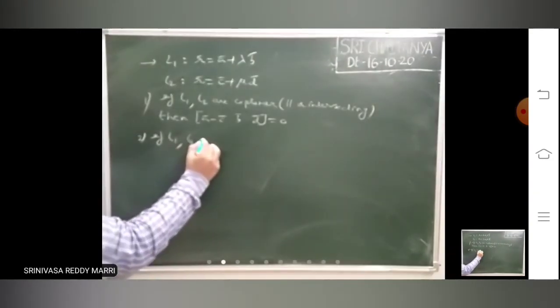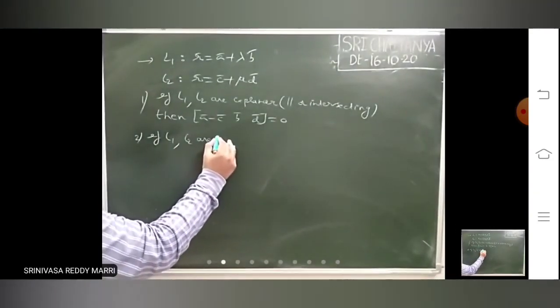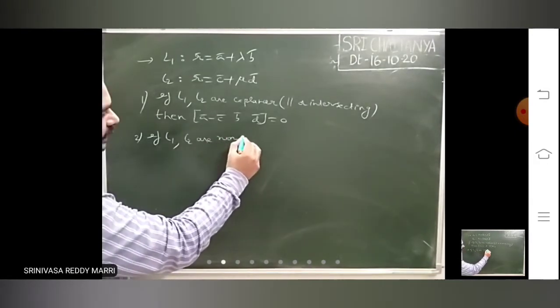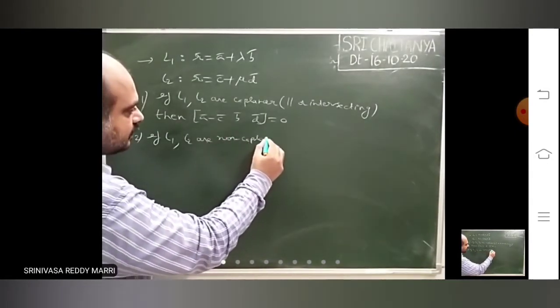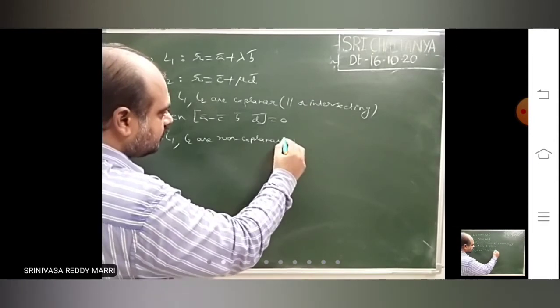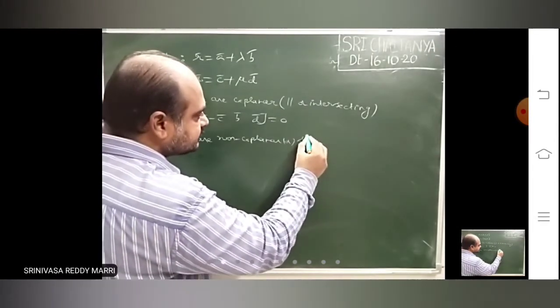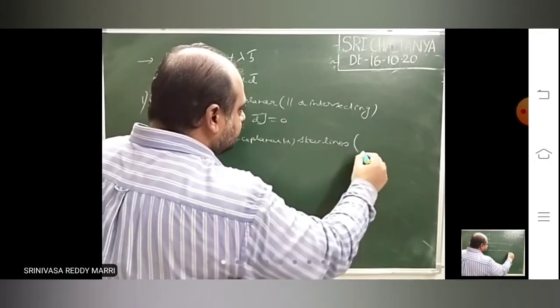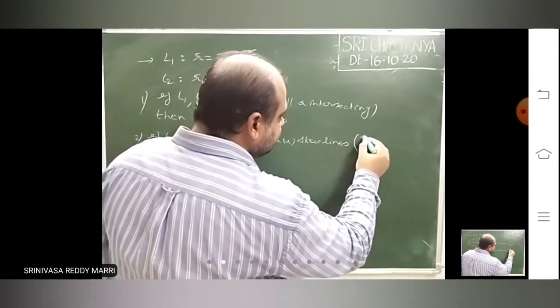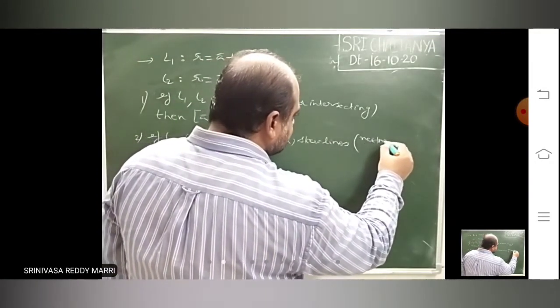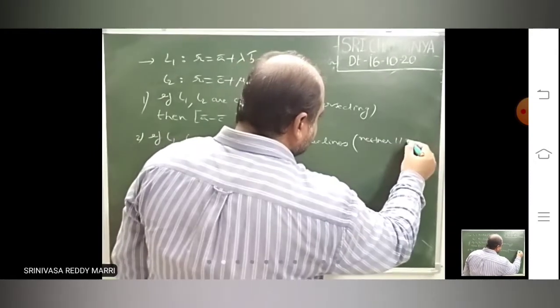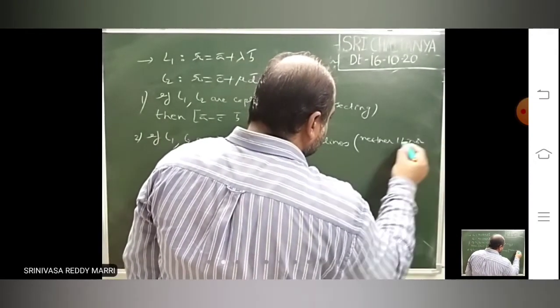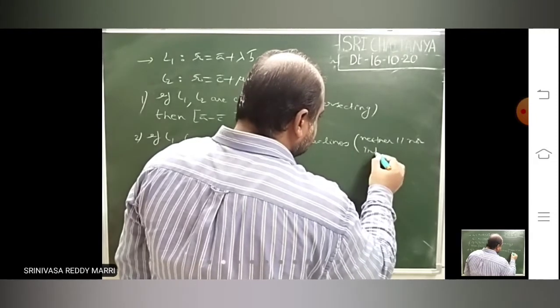If L1, L2 are non-coplanar or skew lines, that means neither parallel nor intersecting.